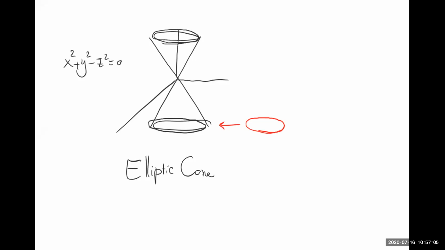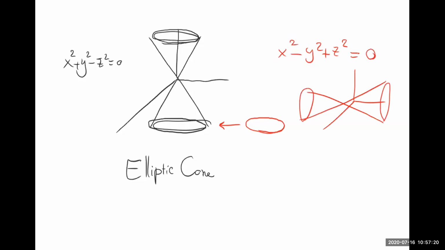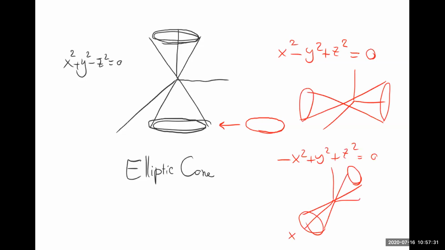Okay, so if the coefficient of y squared was negative, we would have the same thing, but in direction of y, right? And if x squared was negative, we had the same thing in direction of x. Okay.